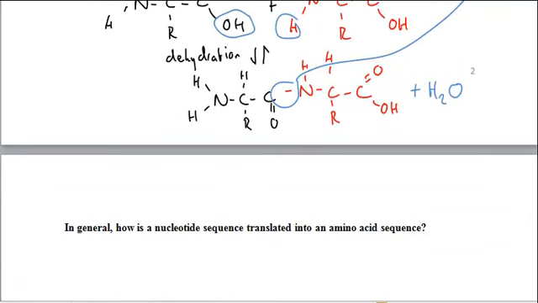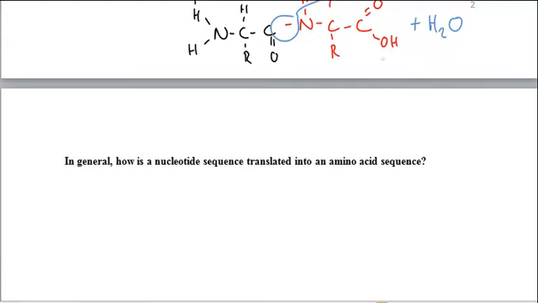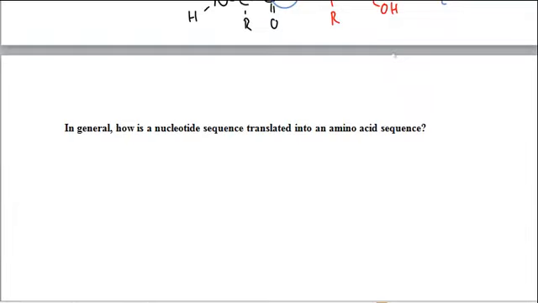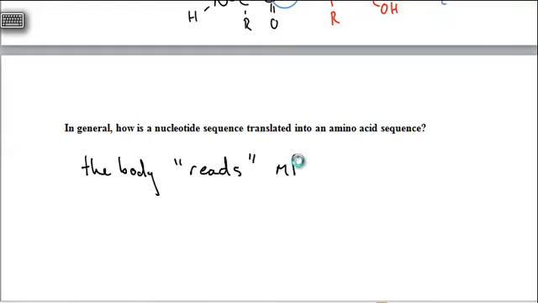So that brings us to the actual question. In general, how is a nucleotide sequence translated into amino acid sequence? And it happens because the body essentially reads mRNA as a code.